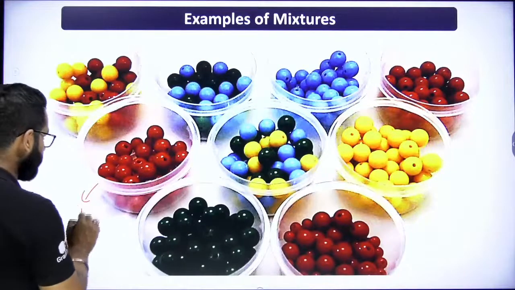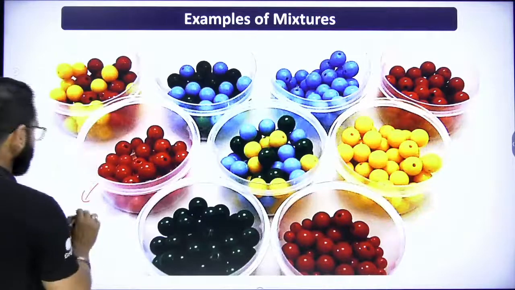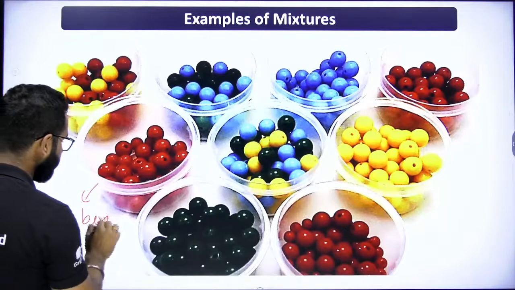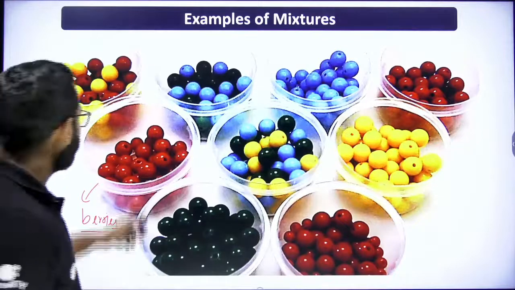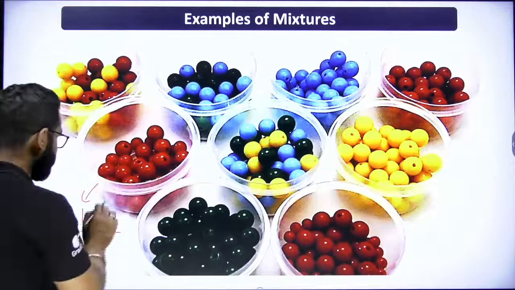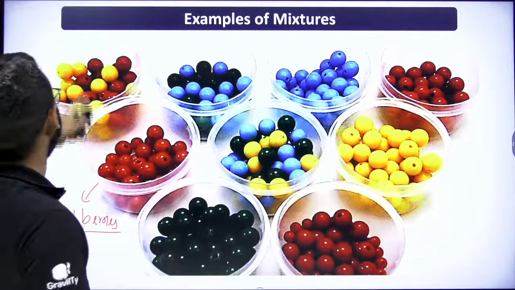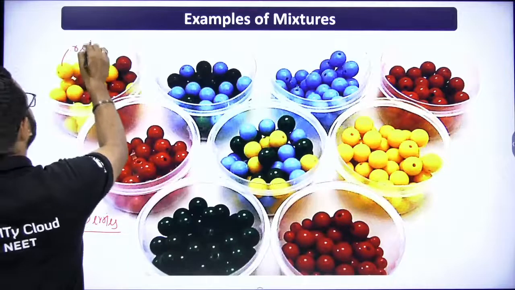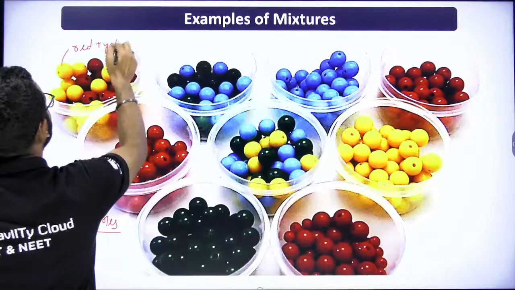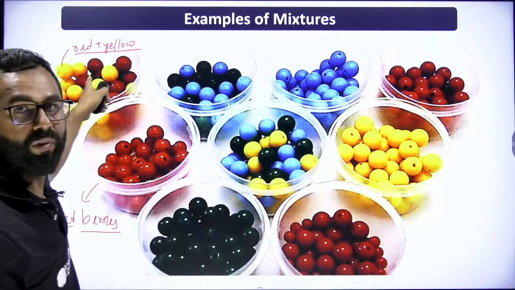These are the berries. In this bowl, you will say there is only one type of berries, only red berries. Whereas in this bowl, we have red plus yellow berries. That means it is a mixture of two types of berries.